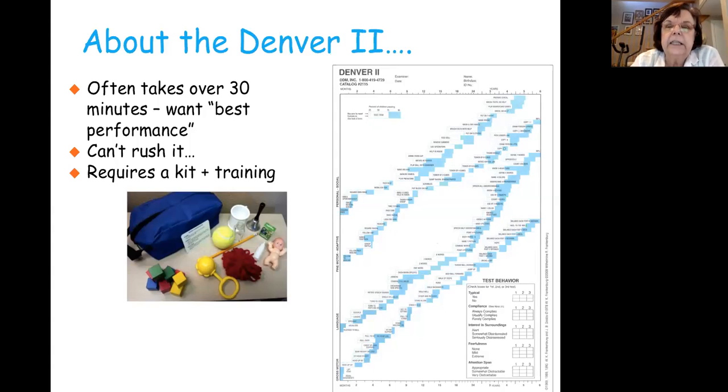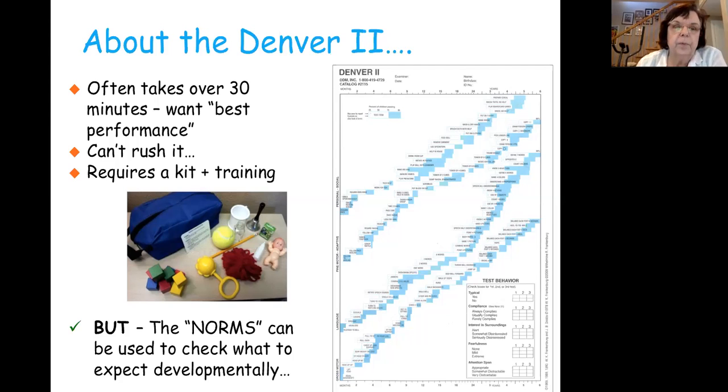But I really like this because it also gives me guidance as to what children can do at certain points in their development, and it is very helpful in that way. It's geared here for 0 months to 6 years.